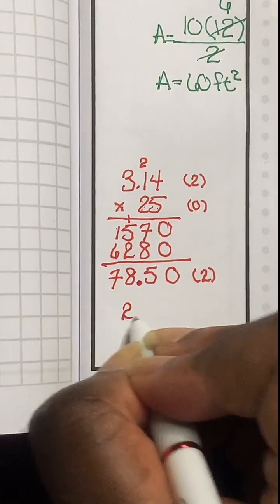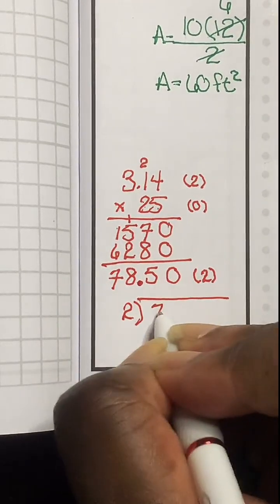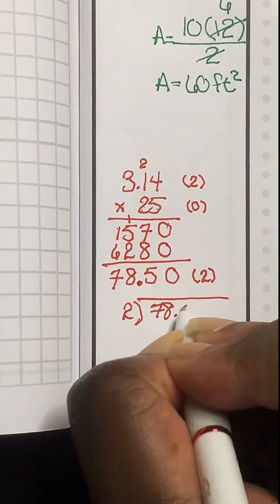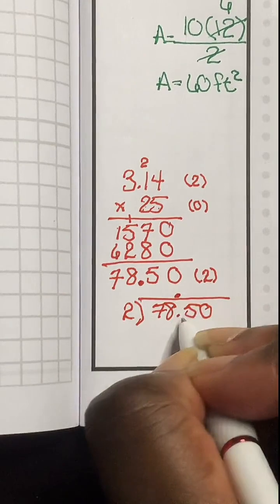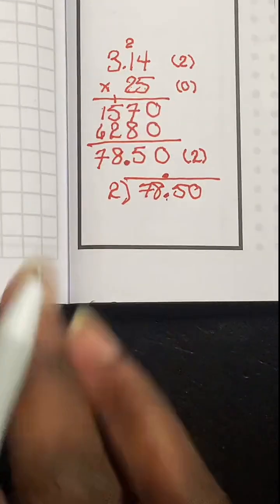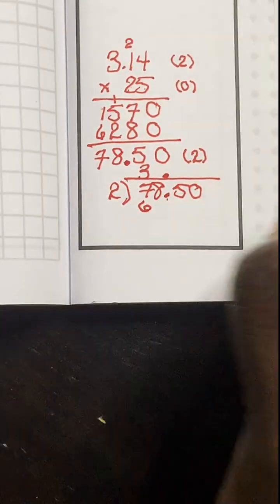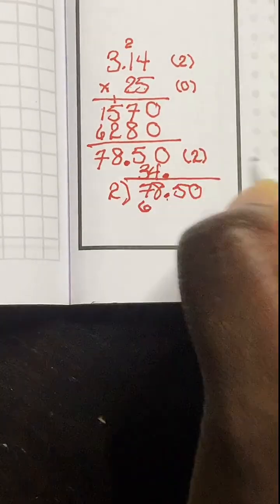So we have our 2 divided by this answer, 7850. Okay, so that decimal place is starting here. It's going up here. How many 2's can go into 7? 3 of them. Okay. How many 2's can go into 8? 4 of them.